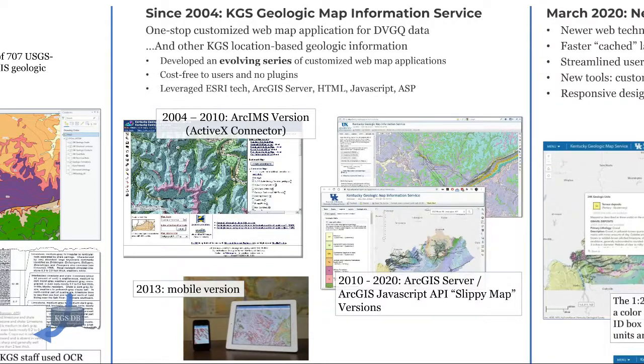And again, still no plugins were required. In 2013, we took the JavaScript API and developed a separate mobile version of the map application because the initial version could not be easily used on a mobile device. It had much of the same layers as the desktop version, but has a much simpler functionality.